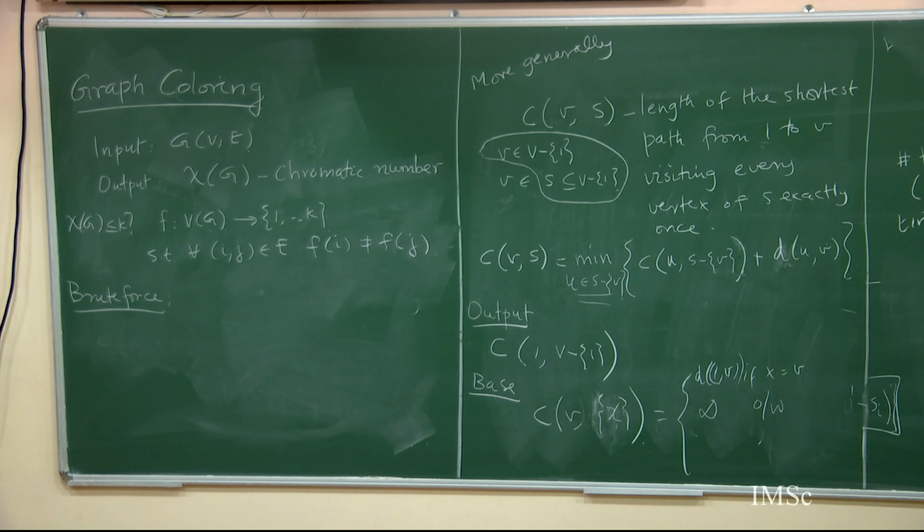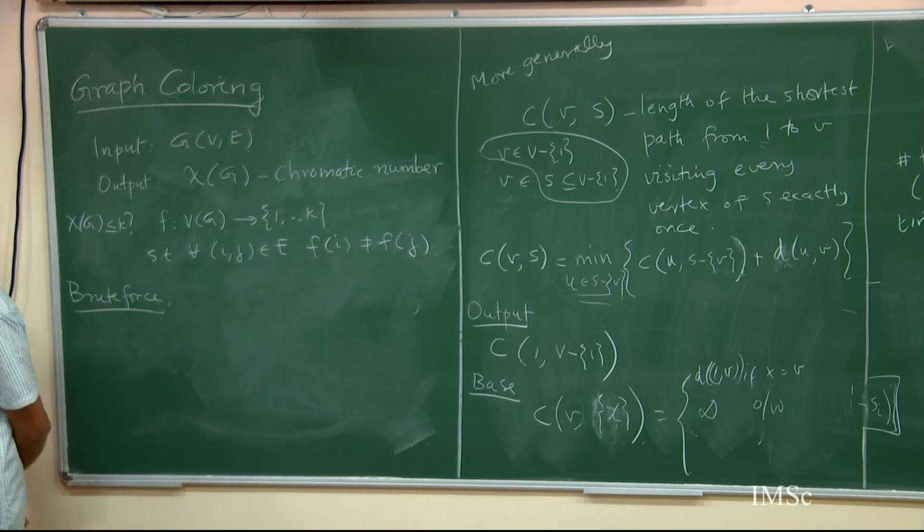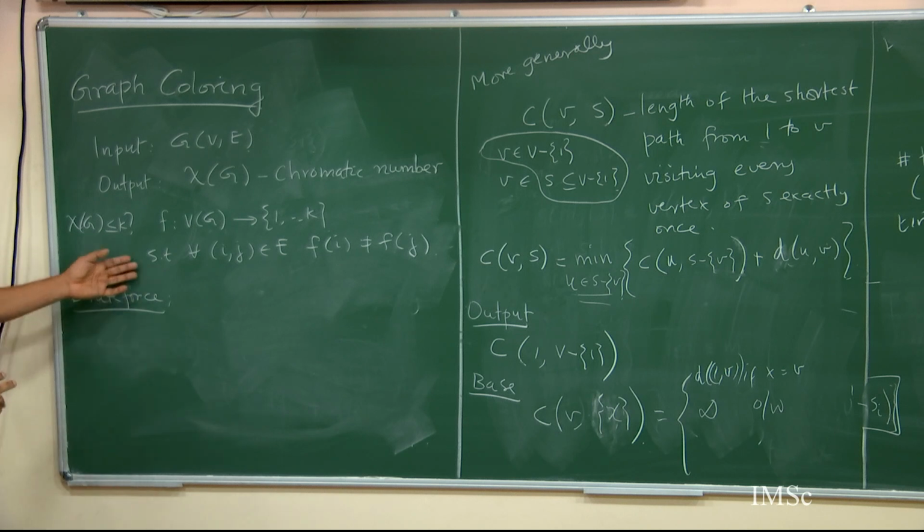You want to color the vertices with 1 to k such that this property is true. So, if you want to really try all possible things, then give up to k colors for each vertex.